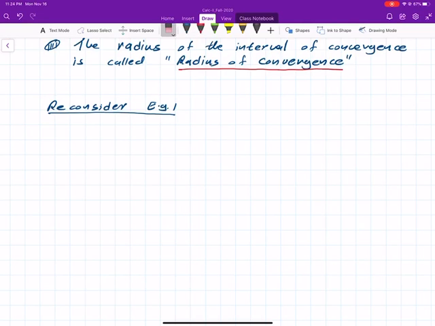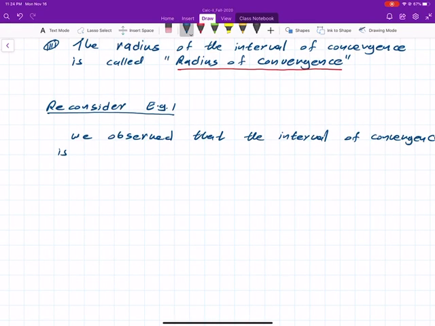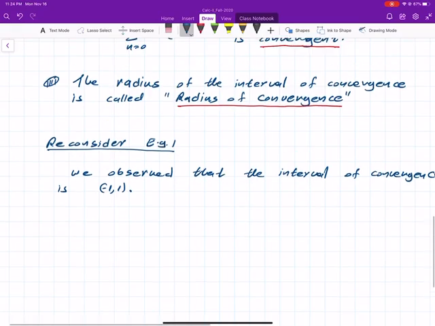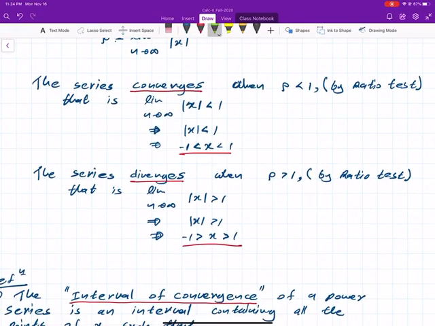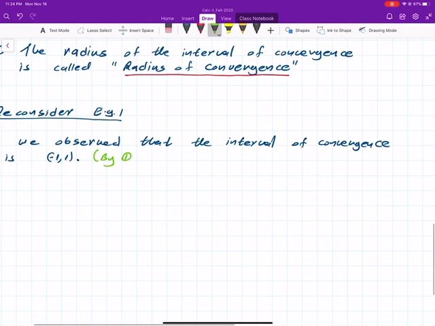We observed that the interval of convergence is -1 to +1. That is actually the interval where this series converges. It is right here, by equation number 1.